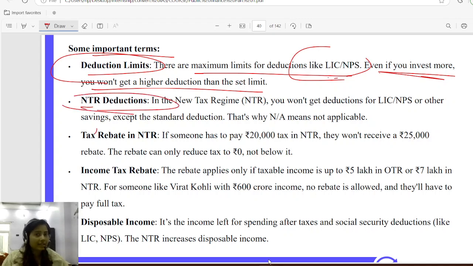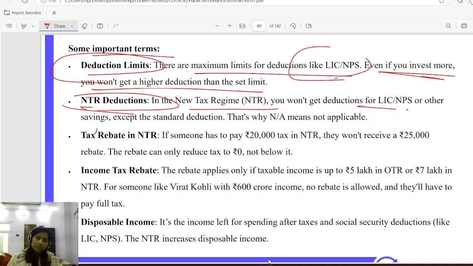Then NTR deduction, new tax regime: you won't get a deduction for LIC. In 2023-24, there were two kinds of regimes, old tax regime and new tax regime. In the new tax regime, you were not getting any deduction, but you were paying a lesser tax percentage.